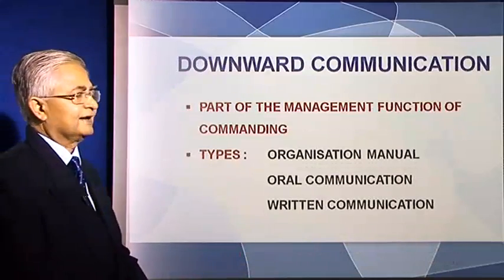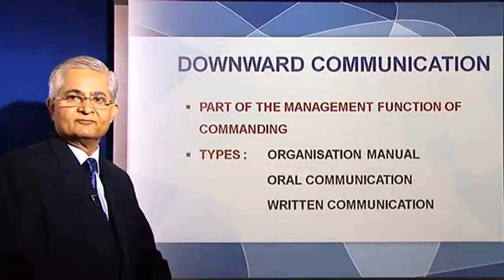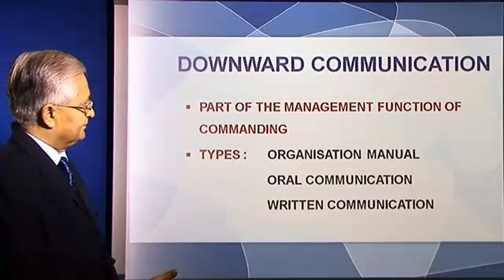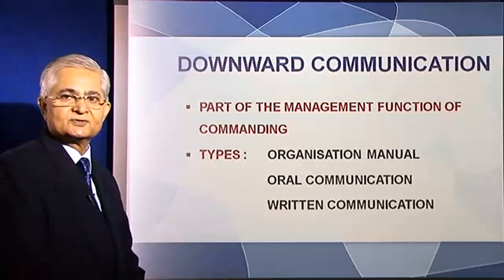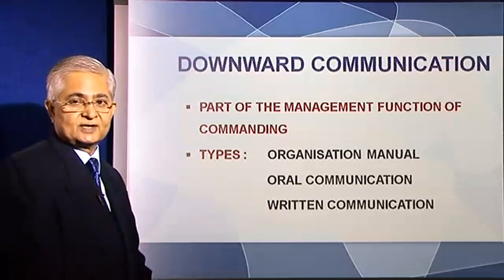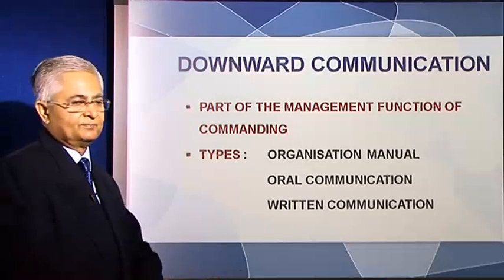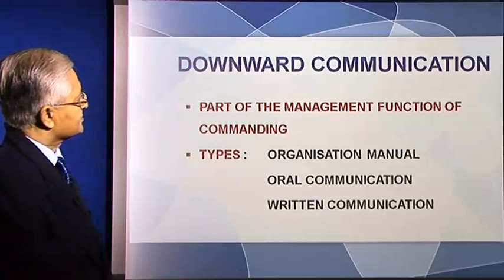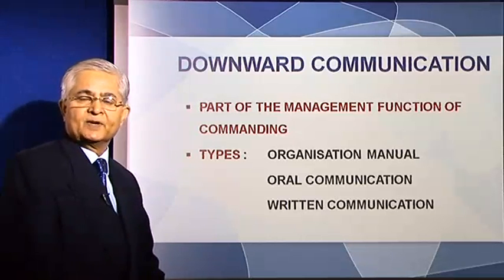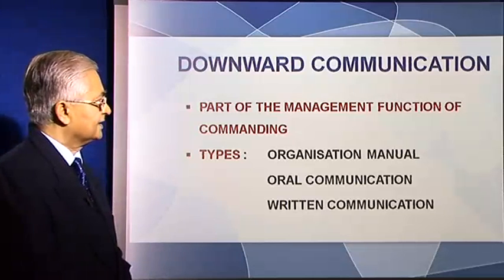We've looked at different kinds of communication, formal and informal. Now, this would be downward, that's one kind of communication, and upward, which is another kind of communication, as we saw earlier, and horizontal. Now, downward communication is part of the management function, right? And what are the kinds of downward communication?